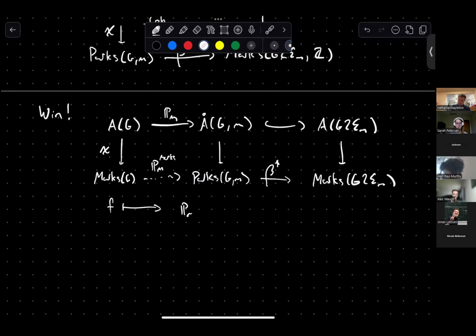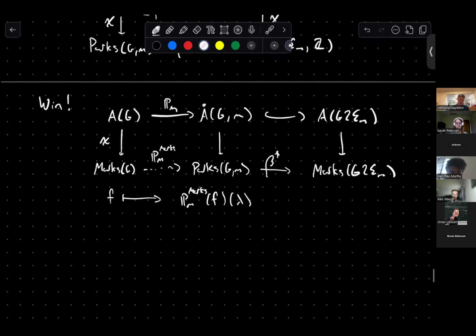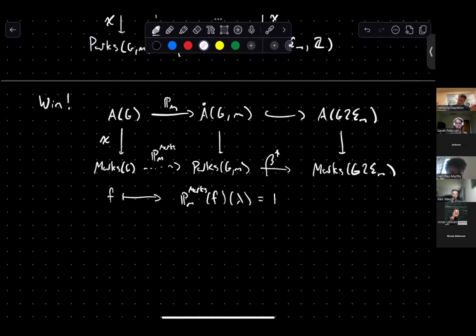So P^M Marks of F on one of these partitions of M decorated by conjugacy classes of subgroups of G is the product over H comma i of the value of F on H to the lambda H comma i. And that works. That is the formula for the power operation.